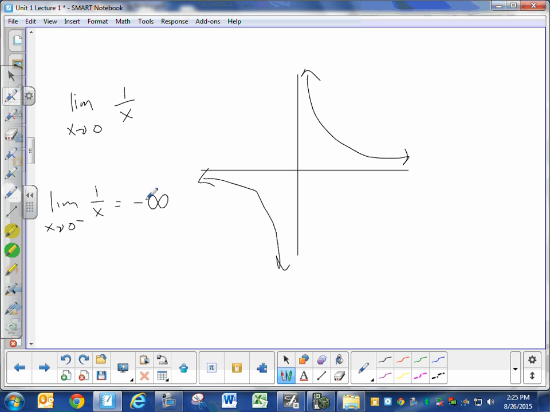Negative infinity is not a value, it's more of a concept. So if you see an asymptote, even if both of these tails trended in the same direction, like 1 over x squared, which would be positive infinity from the left, and if I look from the right, it would also be positive infinity, I would still say that no, the limit does not exist, because we are not approaching a specific value, L.